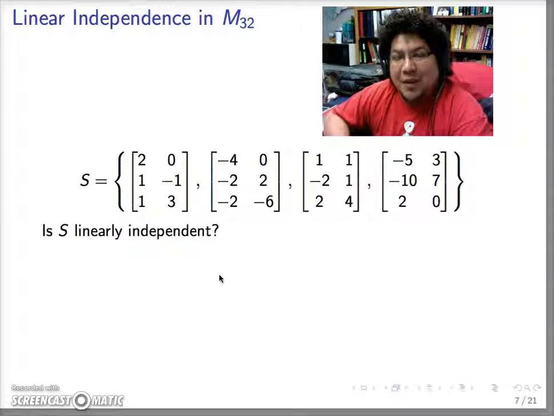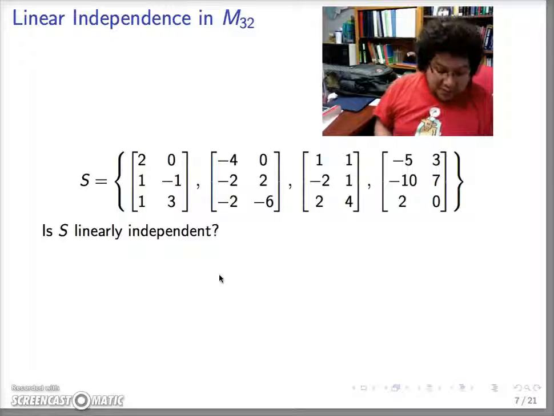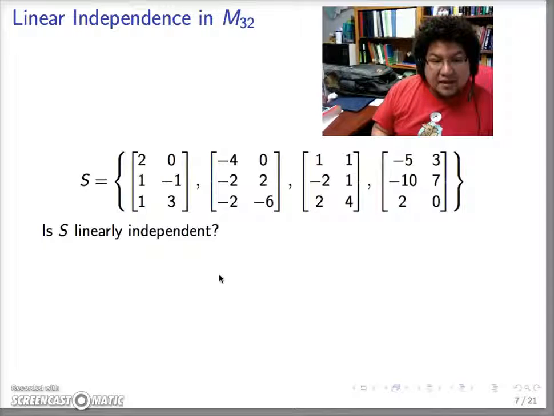So we have to go back to the definition, right? We write a relation of linear dependence. We write these elements as a linear combination that is equal to 0, but equal to 0 in this vector space.